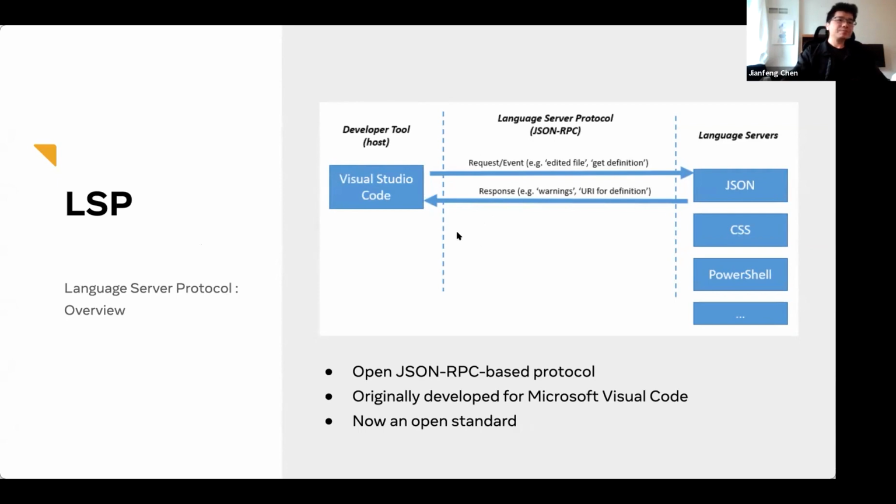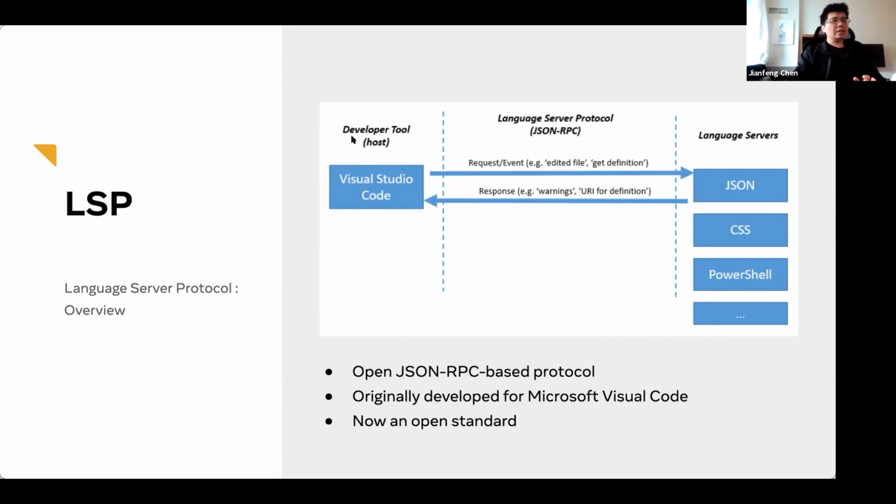In this chart, you can see we have two sides. First is the developer tool, the host, for example VS Code or the Android Studio we are using for Android development. And the other side is the language servers.